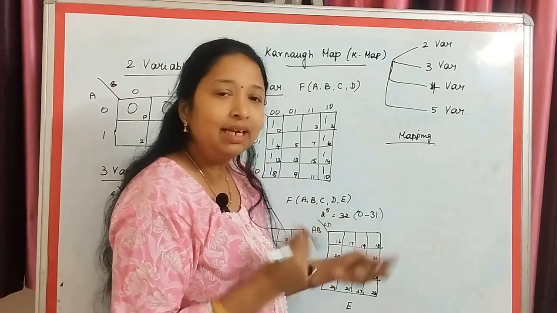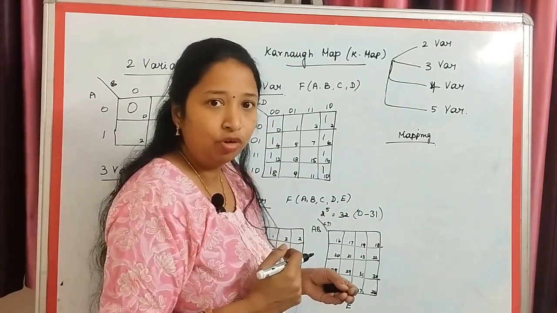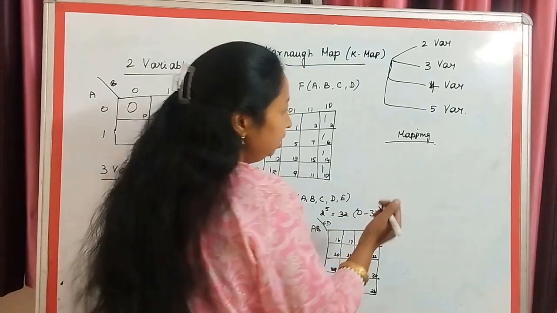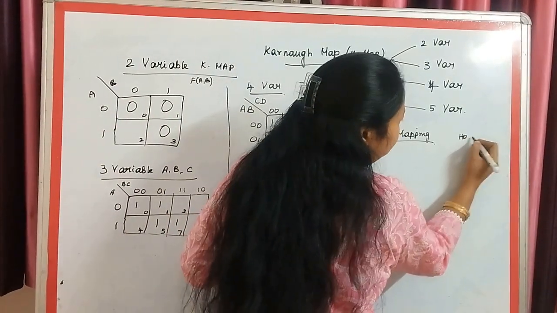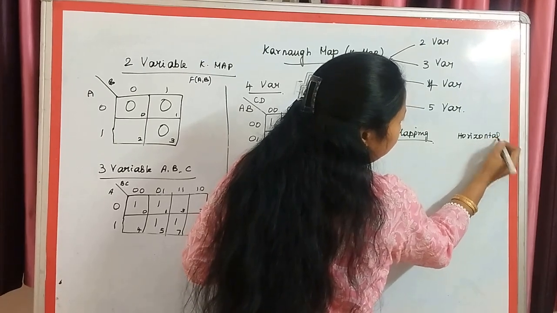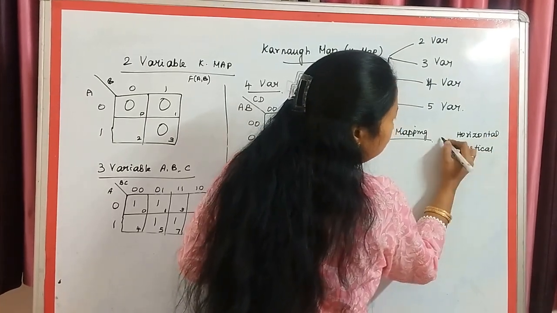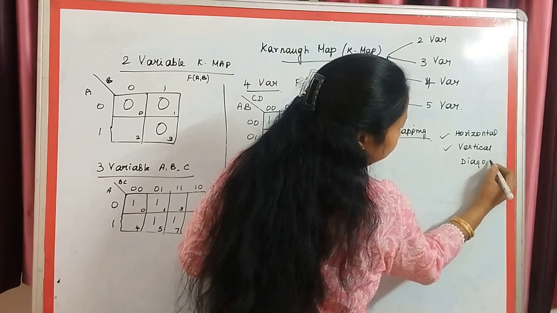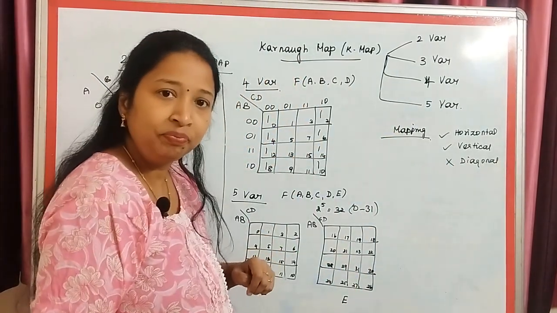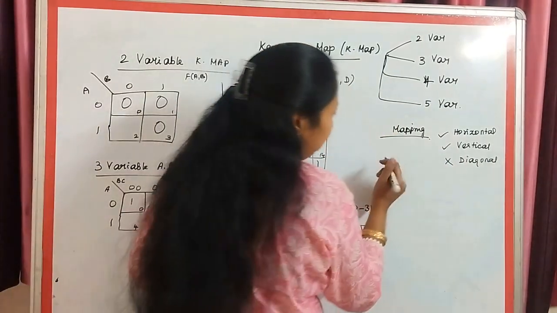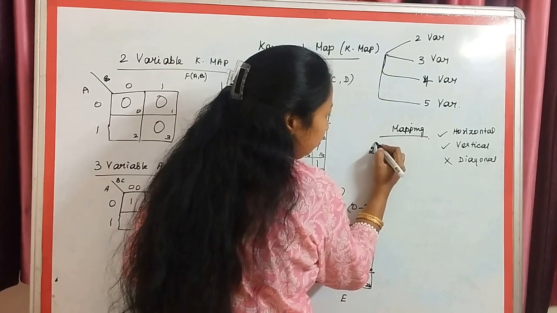The third step is mapping. While doing the mapping, there are certain set of rules that you'll have to follow. Mapping can always be done in horizontal or in vertical. Fine. Diagonal mapping is not allowed. Clear? Apart from this, mapping can be done only based on the 2 power n.